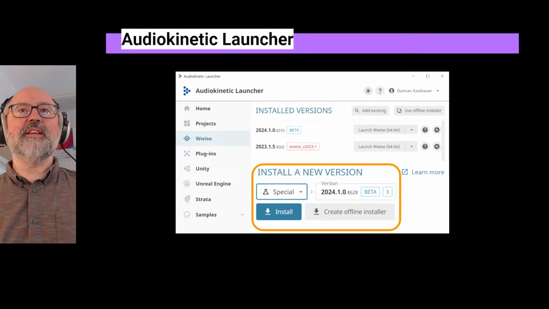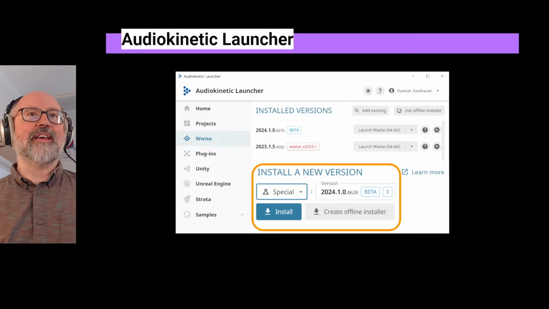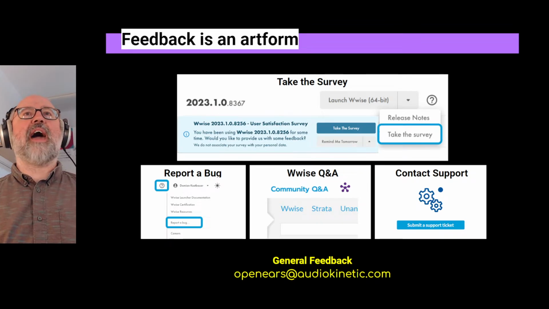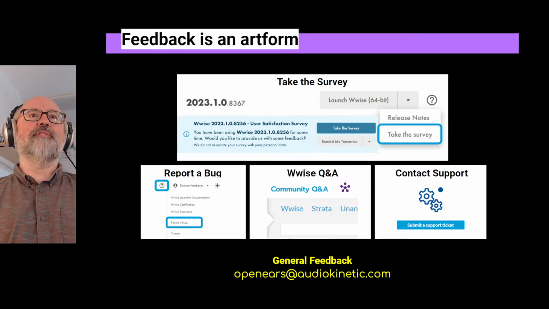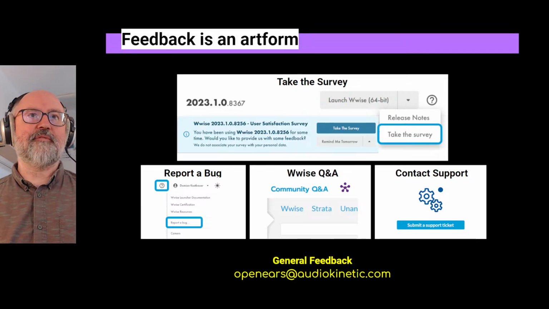And with that in mind, you still have time to jump into the beta, head to the Audiokinetic launcher, get that beta 3 installation and give us some feedback. You can take the survey right there through the Audiokinetic launcher attached to the beta version that you install. We can never have enough feedback from you.